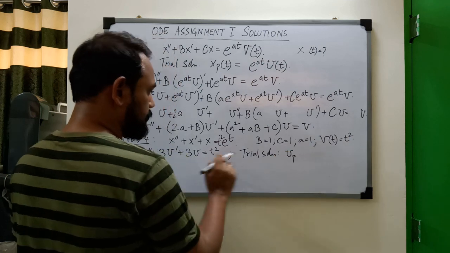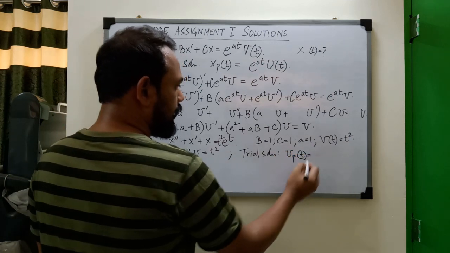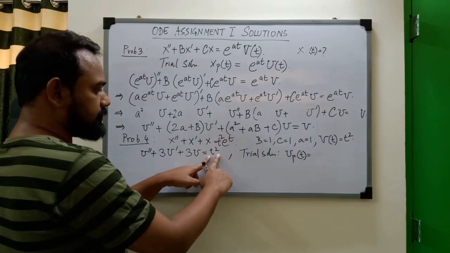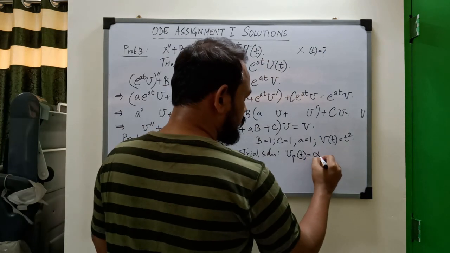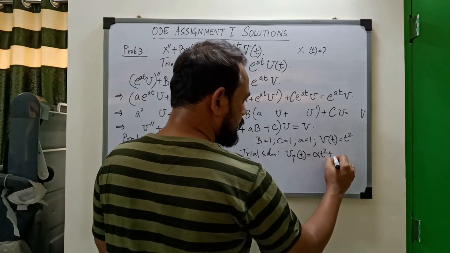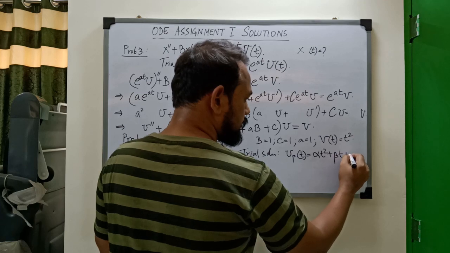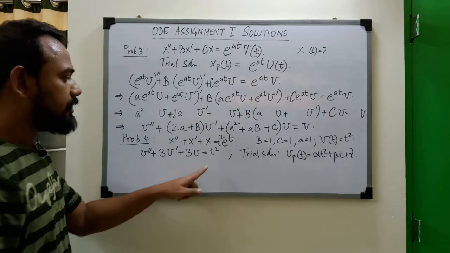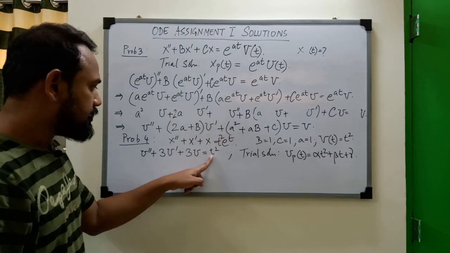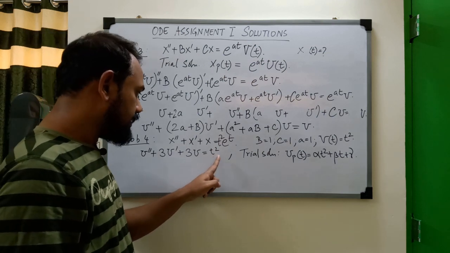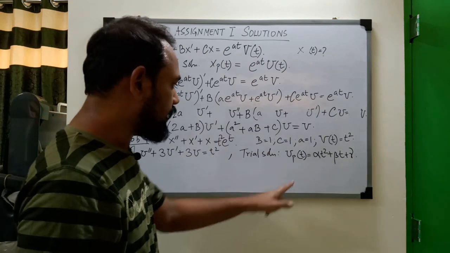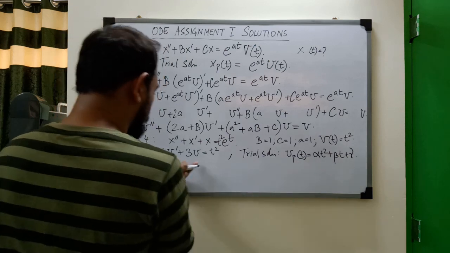It should be a function of t, because the input is in time. This is a second degree polynomial, so I'll put a very general second degree polynomial in here. And again, this was covered when we studied second order linear differential equations with polynomial inputs, okay? And this is a trial solution for this equation.